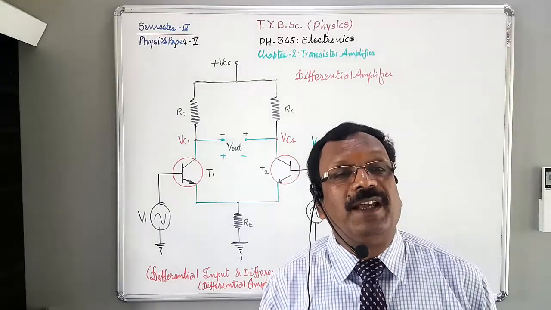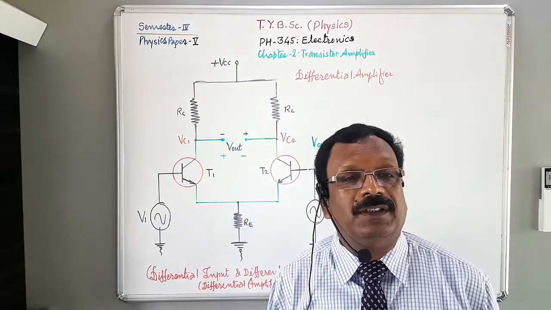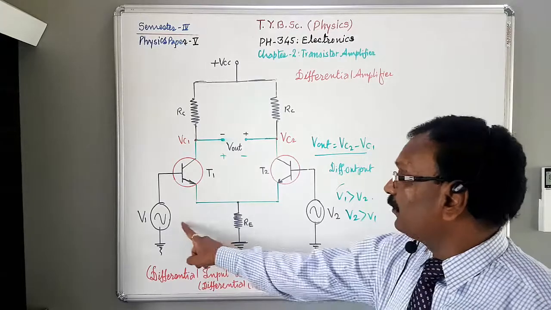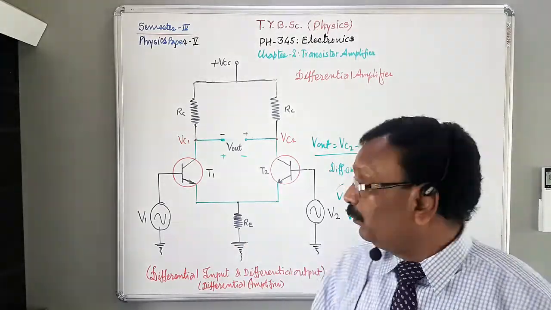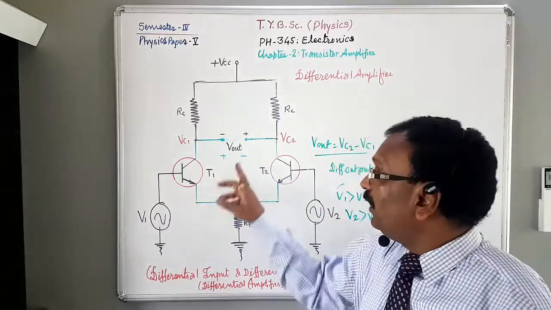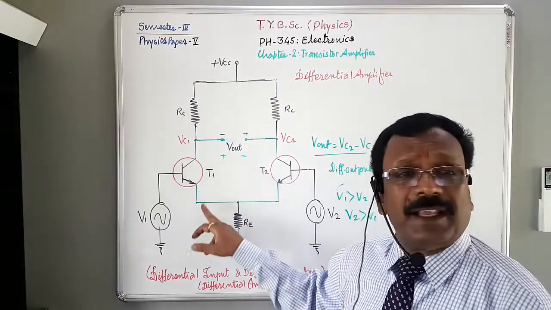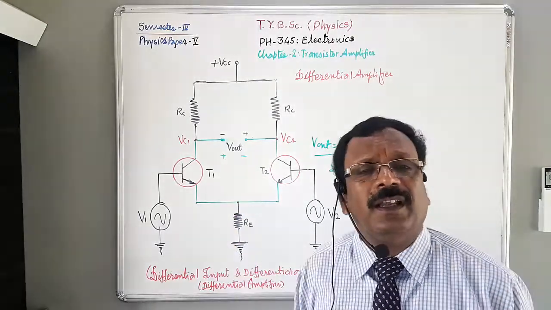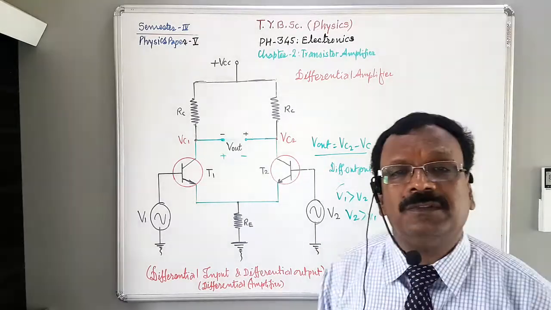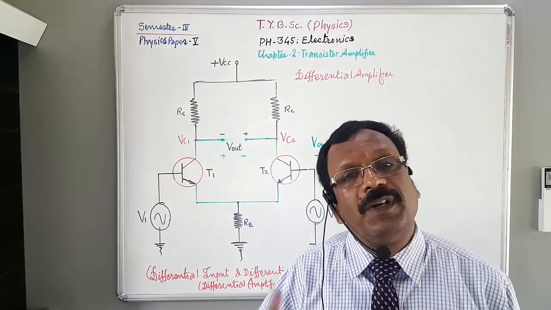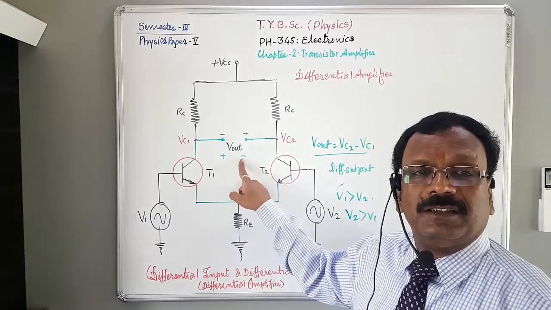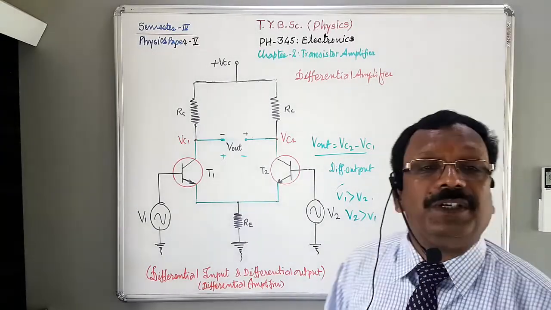The differential amplifier has two separate inputs, V1 and V2. Input V1 is called the non-inverting input because V out is in phase with V1, and the other input V2 is called the inverting input because V out is out of phase with V2.